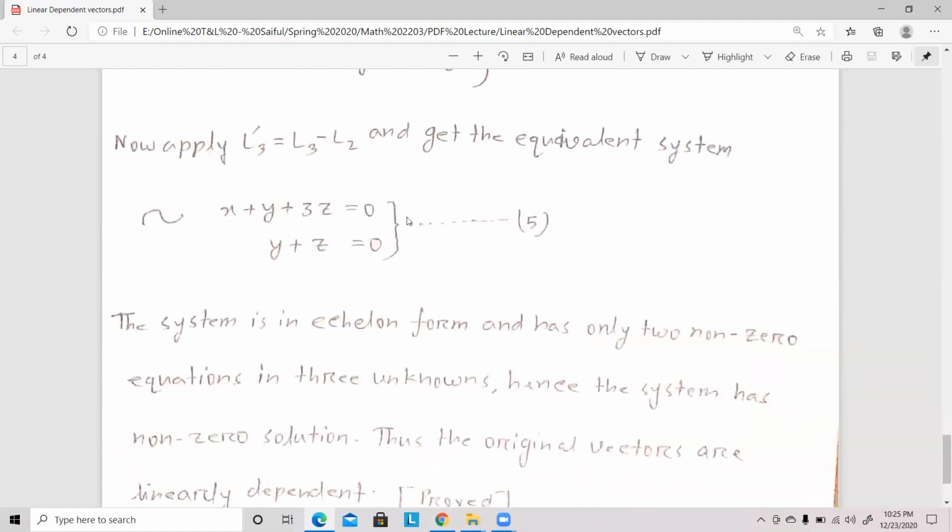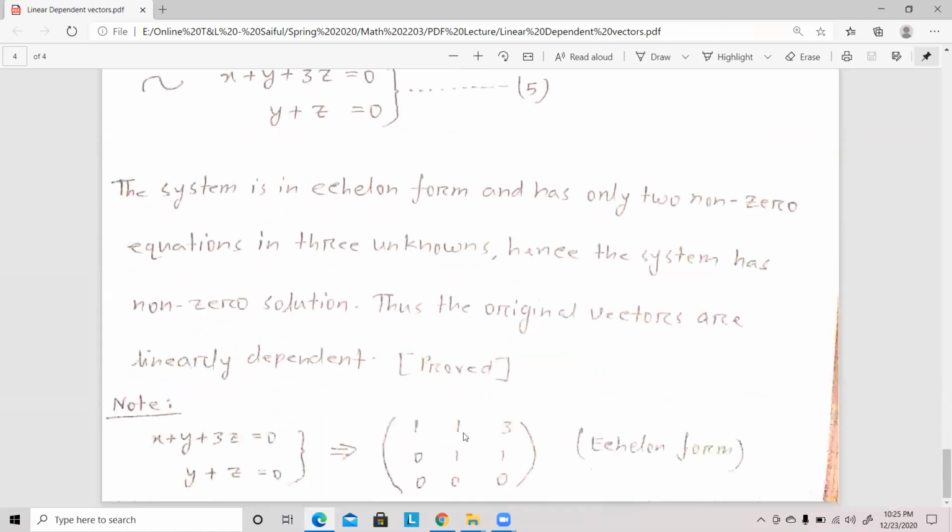If we convert this system into matrix form, then we get 1 1 3, 0 1 1, 0 0 0. That means this is echelon form, because here the number of zeros has increased sequentially row by row.